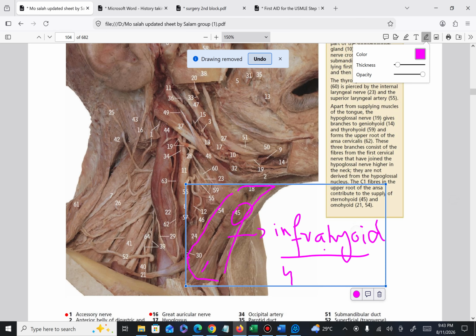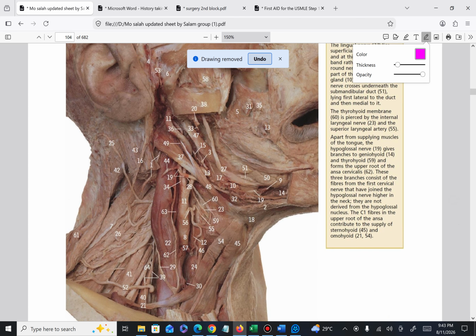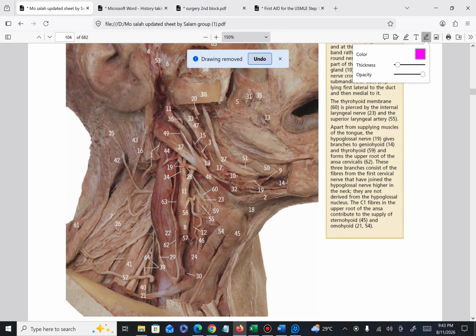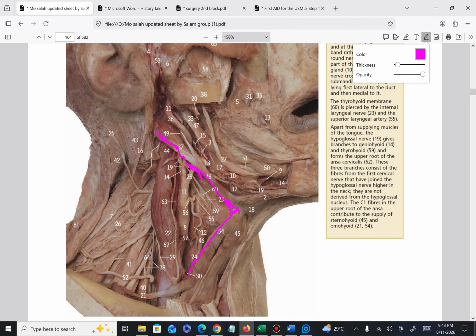Then the carotid triangle. So the carotid triangle, anteriorly it is bound by the superior belly of the omohyoid muscle. Superiorly it is bounded by the anterior and posterior belly of the digastric muscle, and posteriorly it is bounded by the sternohyoid muscle.